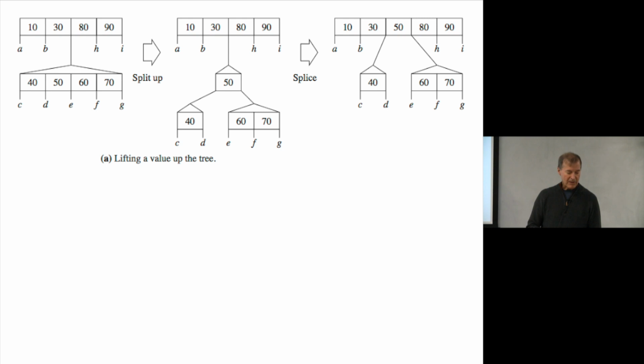Now, what can you tell me about the height of tree A compared to the height of tree C? You know that the children all have to be at the same level, right?